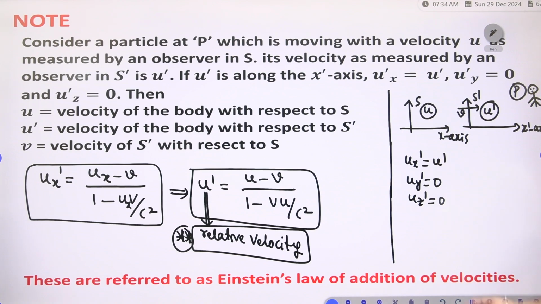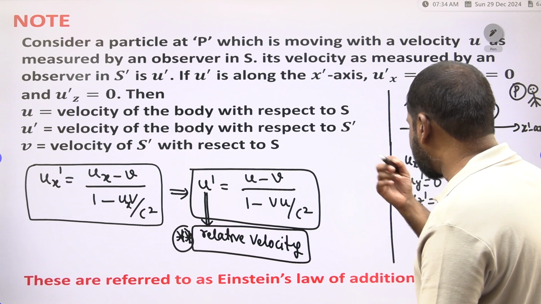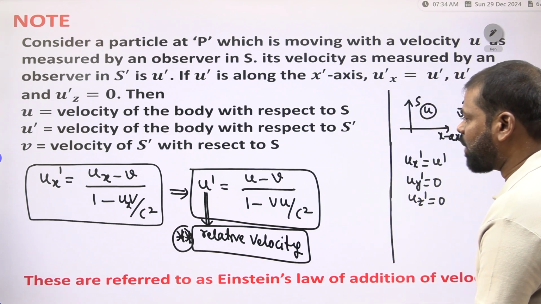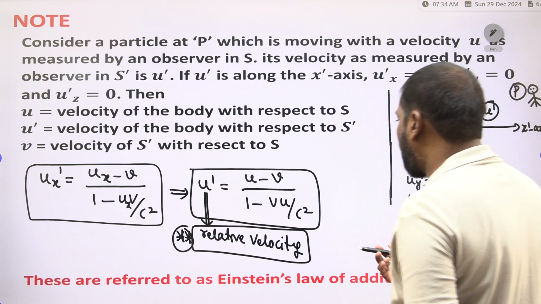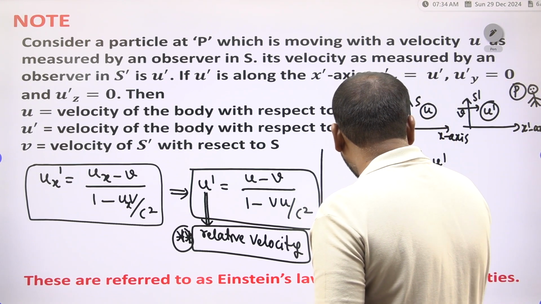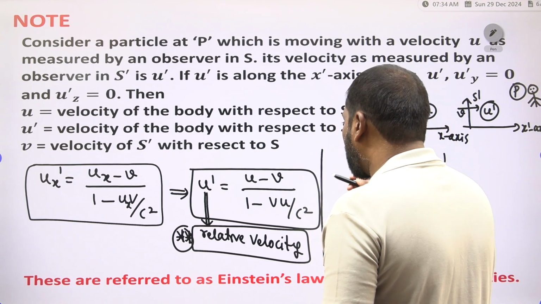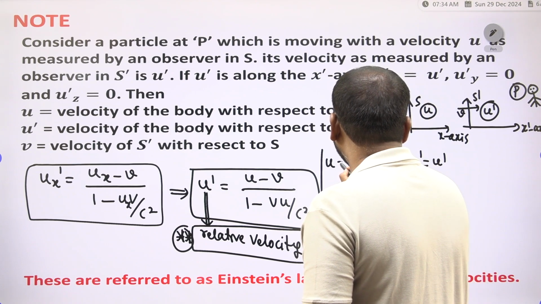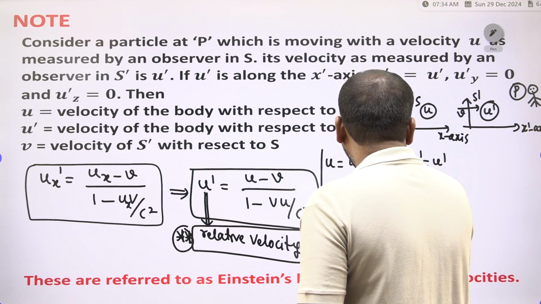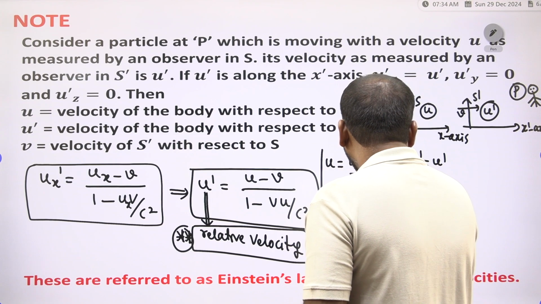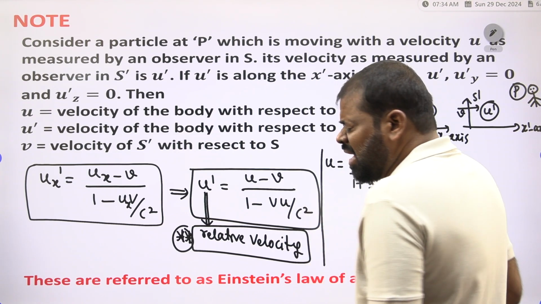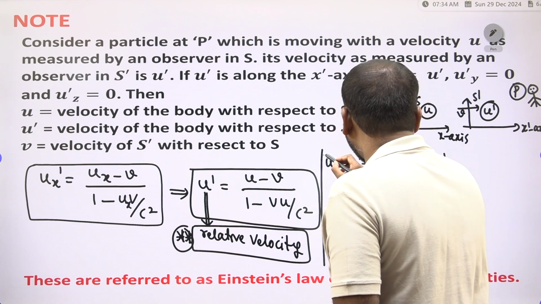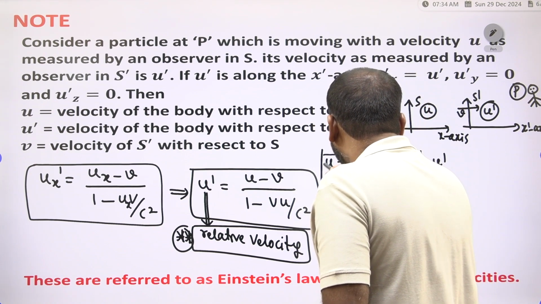If you want to write the inverse of these equations, how do we write it? The inverse is u is equal to u dash plus v divided by 1 plus u dash v divided by c square. This is the inverse transformation.